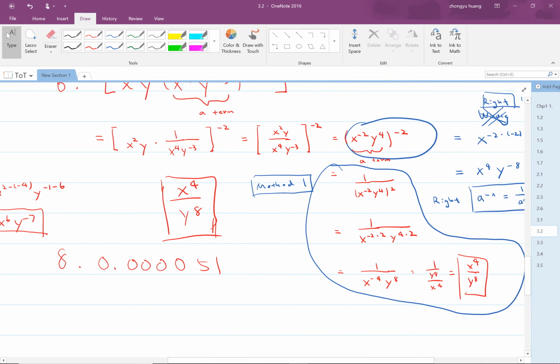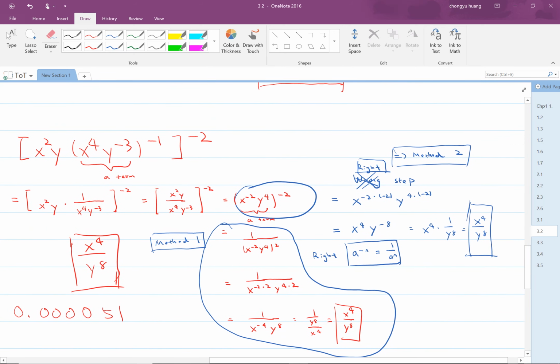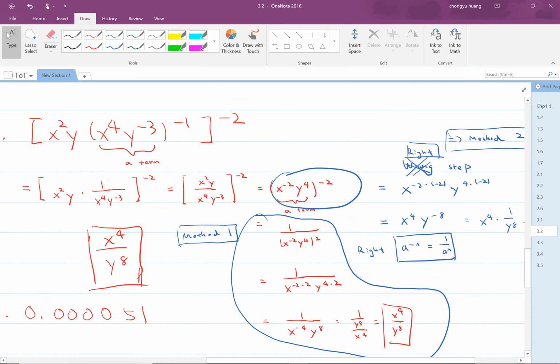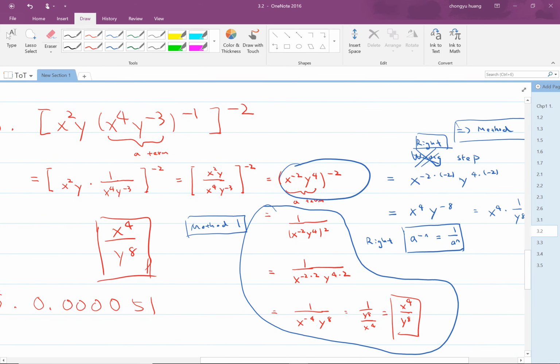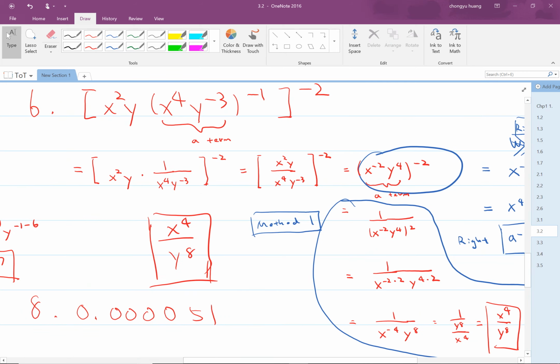So I think both ways are actually right. If you guys do method 2, it is also good. I think I made some mistake, sorry. But both of the methods will get you the right answer.